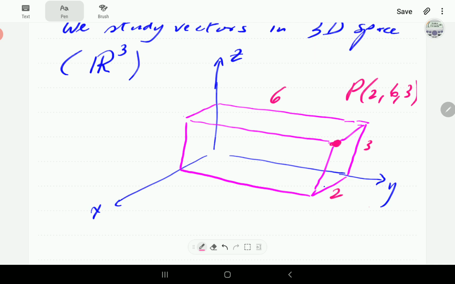To get to P, you go 2 steps in the x direction, 6 steps in the y direction, and 3 steps in the vertical direction.